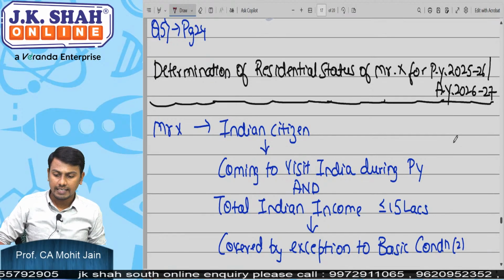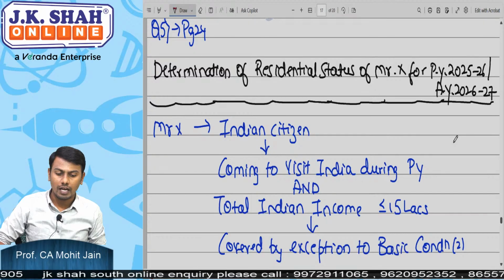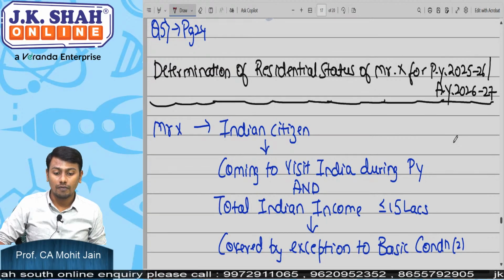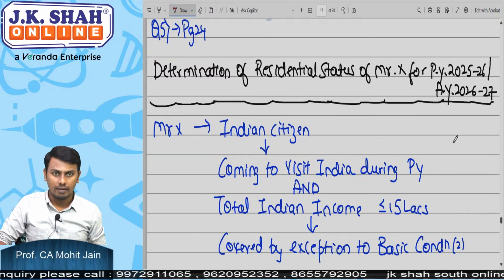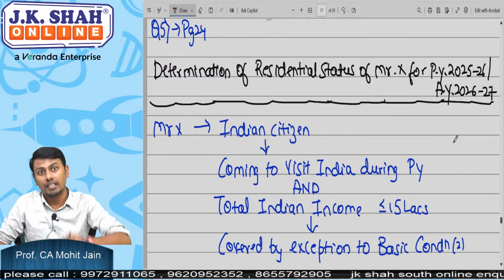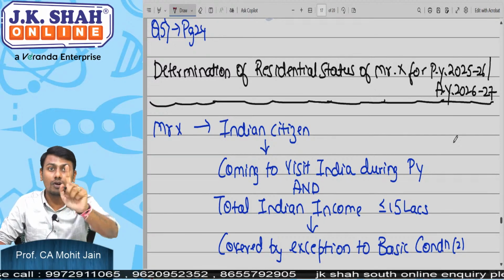Since Mr. X is an Indian citizen coming to India during the previous year and his Indian income is less than equal to 15 lakh, he is covered by exception to basic condition number 2. See, in this question, this was not required also. I'm just making you write so that you remember that we are covered by exception number 3 and not 1.